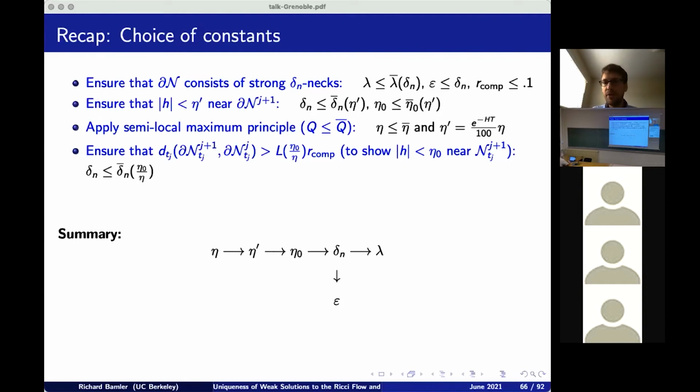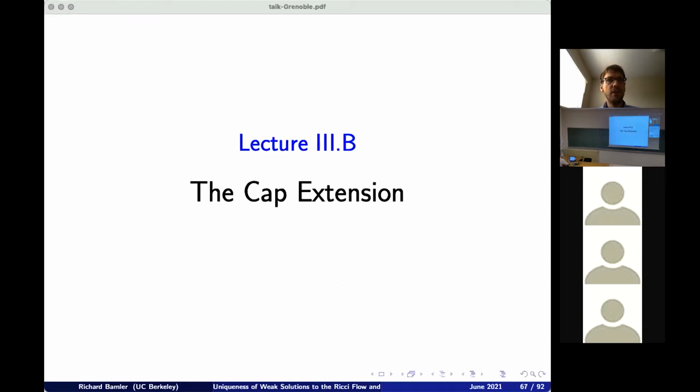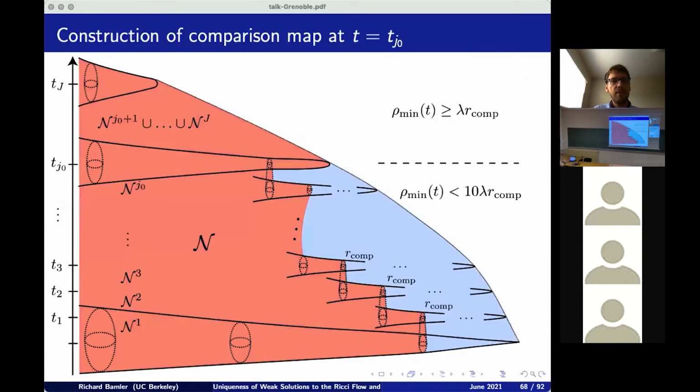What I've done now is I've described how we can construct a comparison domain and how we can construct the comparison map on the first part of the comparison domain.